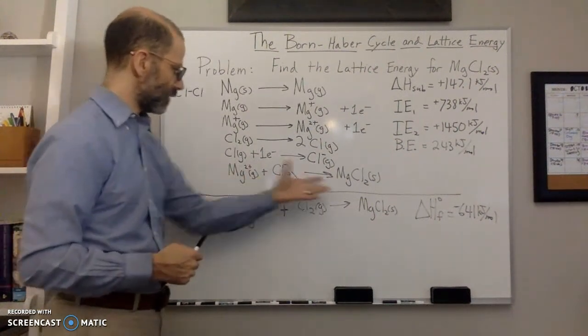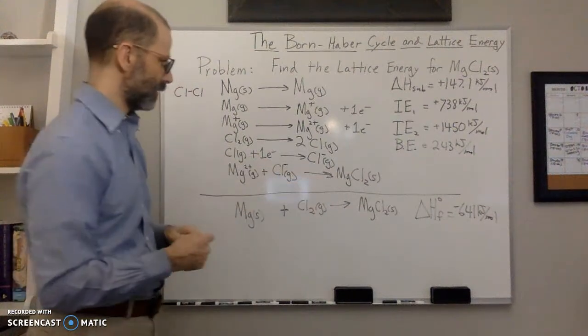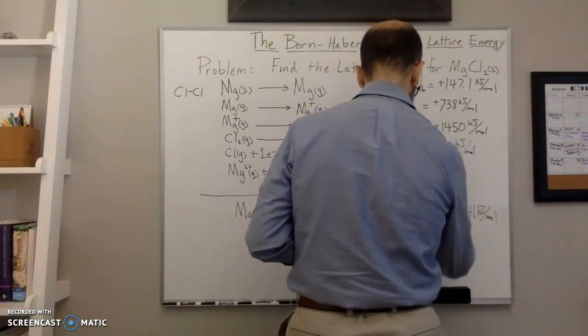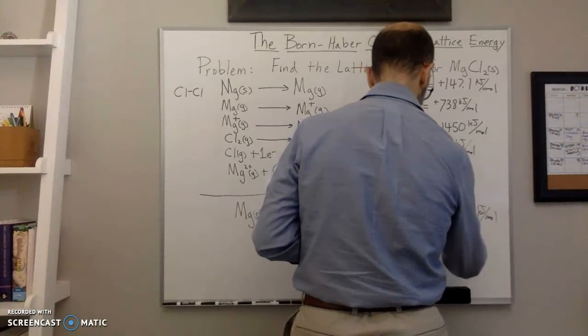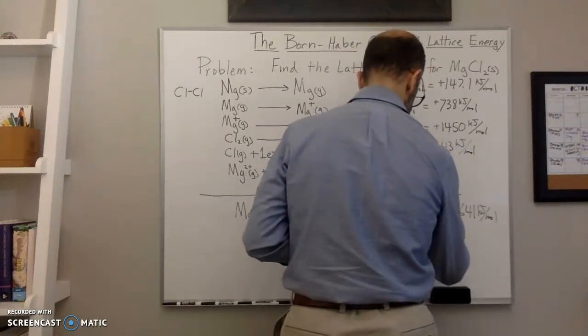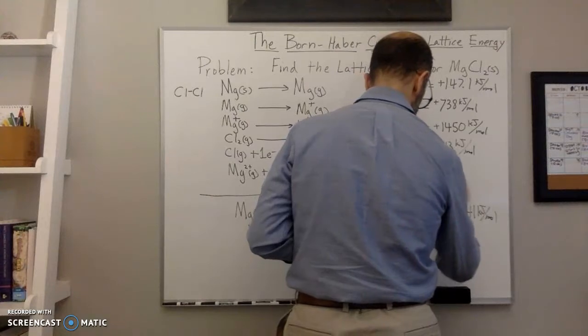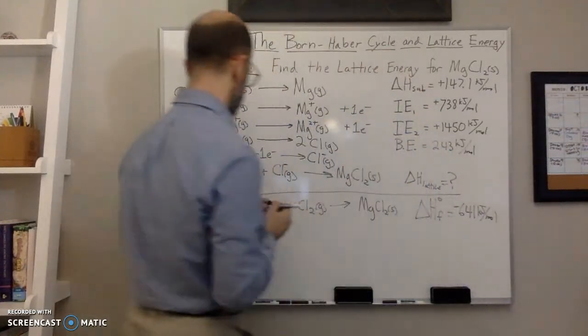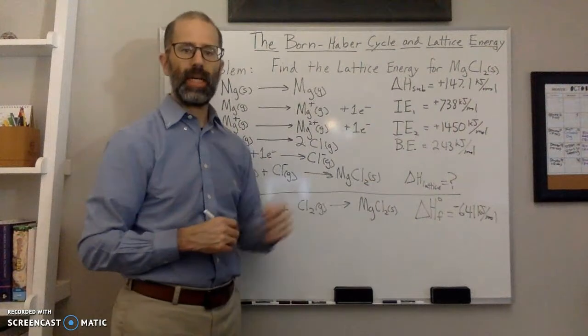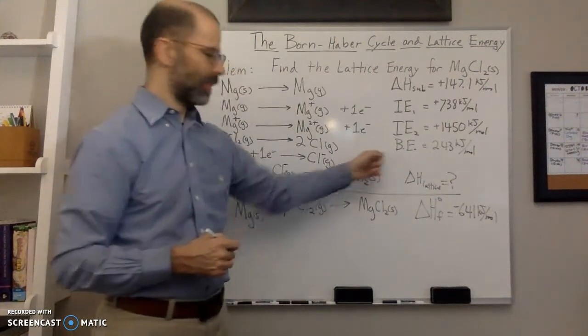So whatever the energy of this process is going to be the lattice energy. So delta H lattice is equal to, we don't know. And before we forget, we should write down the electron affinity for chlorine for this process here.